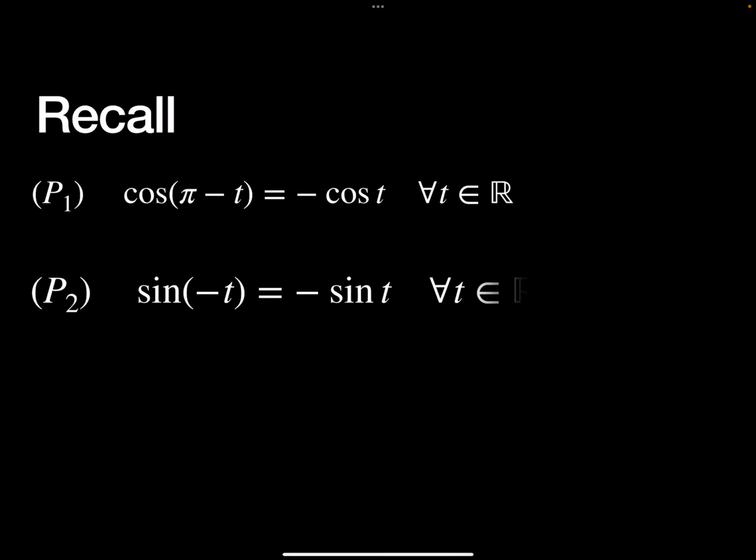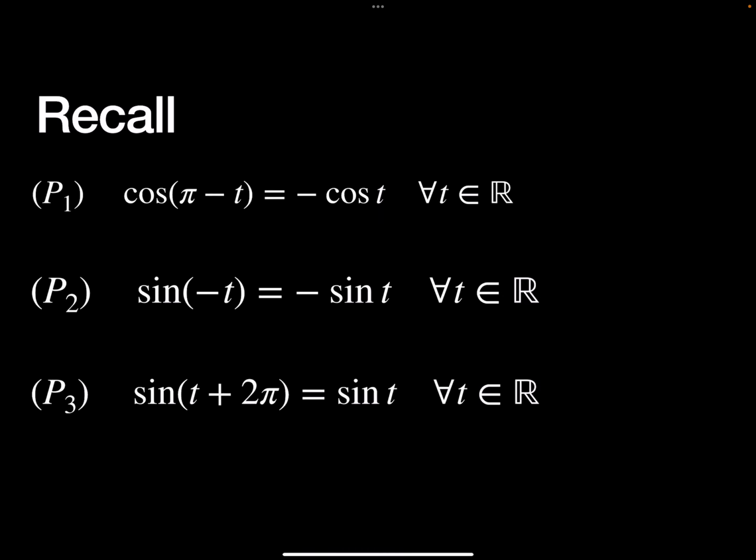The second property is the oddness of the sine function. That is, sine of negative t is equal to negative sine of t for all t in the set of reals. And the third property is the periodicity of the sine function. Sine of t plus 2 pi is equal to sine of t for all t in the set of reals. This simply means that the sine function is 2 pi periodic.